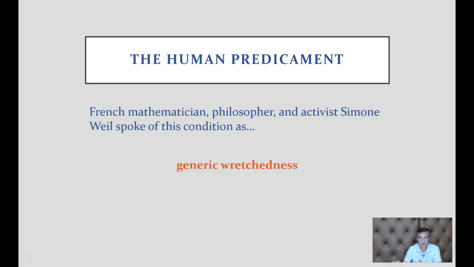And just a quick note, Simone Weil is an interesting philosopher. She took up arms against the fascists in Spain, and so she fought alongside the Reds, the communists there.